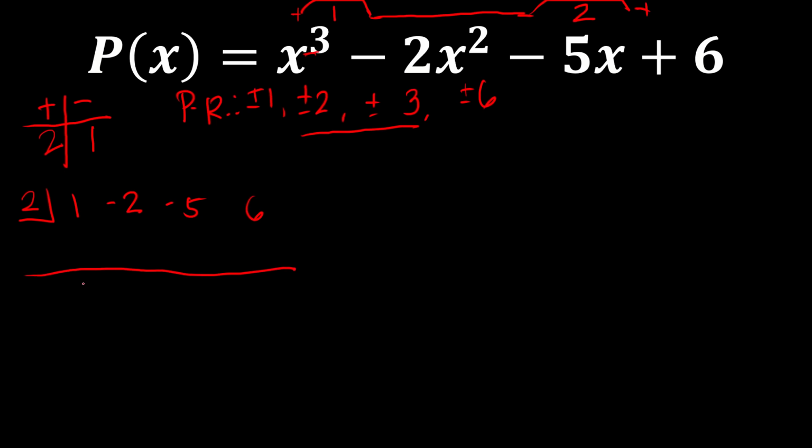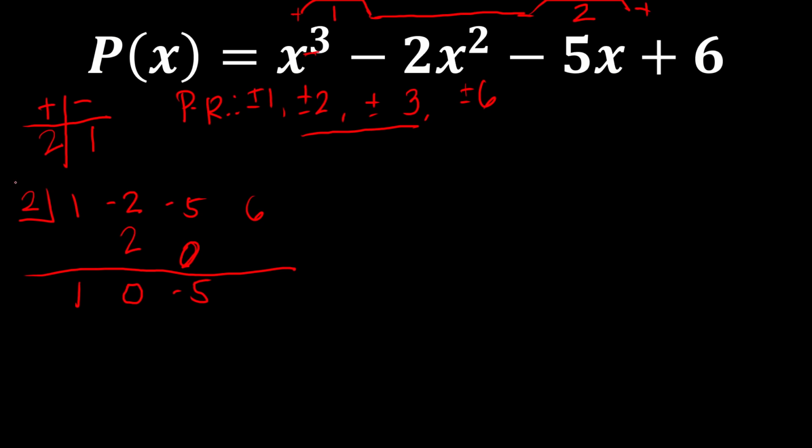Synthetic division, bring down 1. 1 times 2 is 2. Negative 2 plus 2, that is 0. 0 times 2 is 0. Negative 5 plus 0 is negative 5.